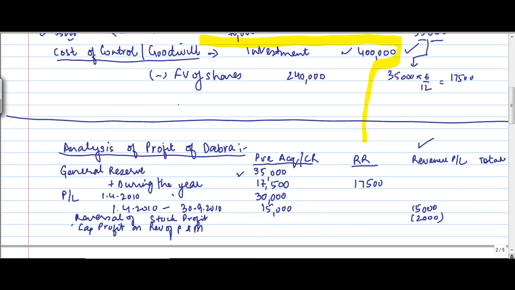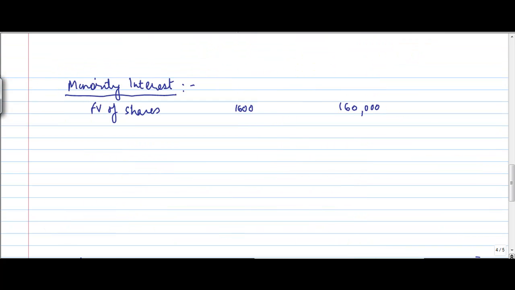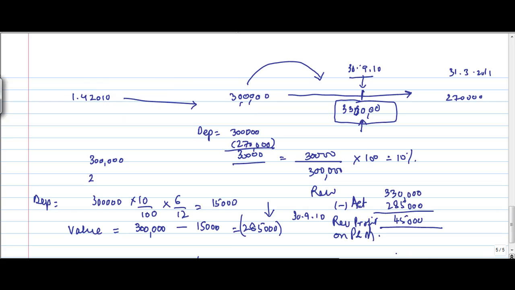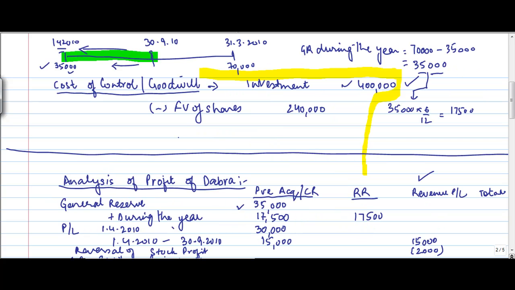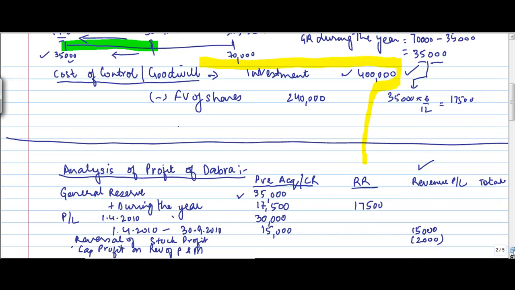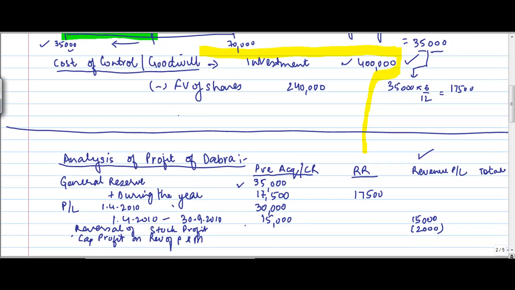And how much is that? This is 45,000. So I just add 45,000 here.